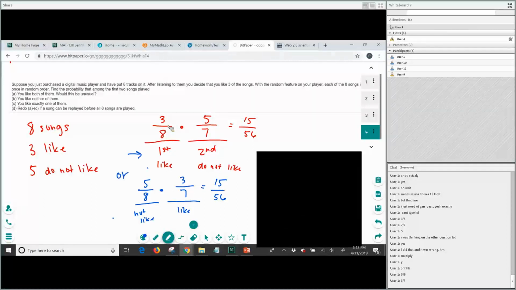Okay, now when it said I like exactly 1, I could have liked exactly 1 this way, where I liked the first one and didn't like the second, or it could have happened this way, where I didn't like the first one, but I did like the second one. Now, when I saw that word or, think back to last week, when I saw that word or it was implied in my sentence, what did I do with my probabilities?